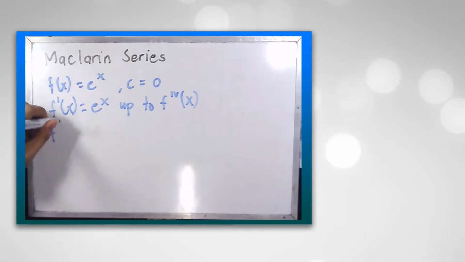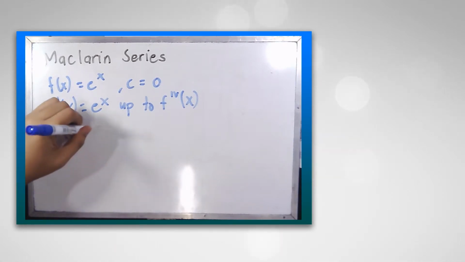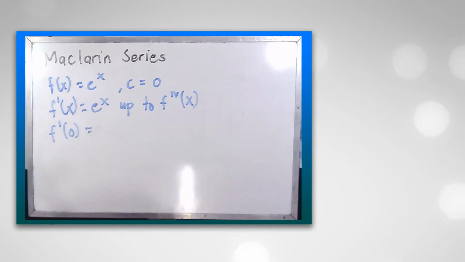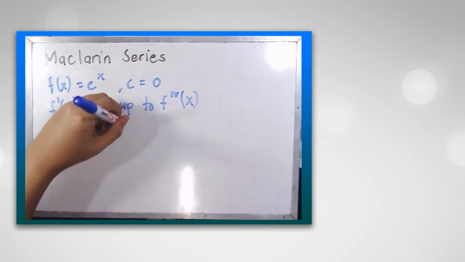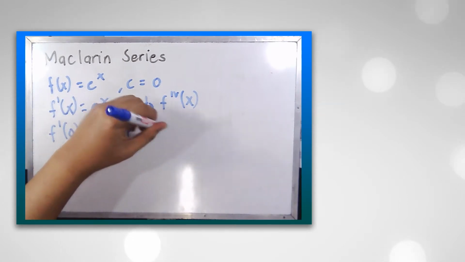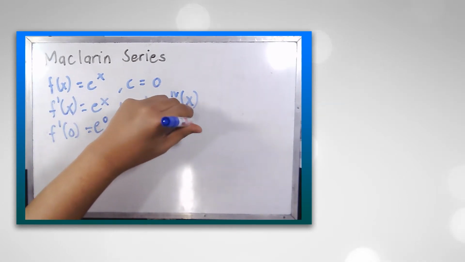Then the f prime of 0. So if we change the value of x to 0, basically it's still e raised to 0, even up to the fourth derivative.